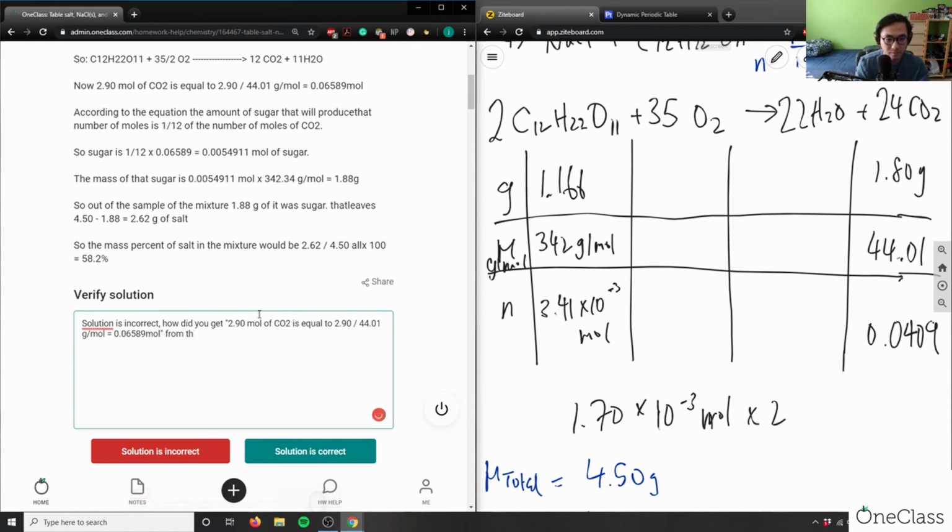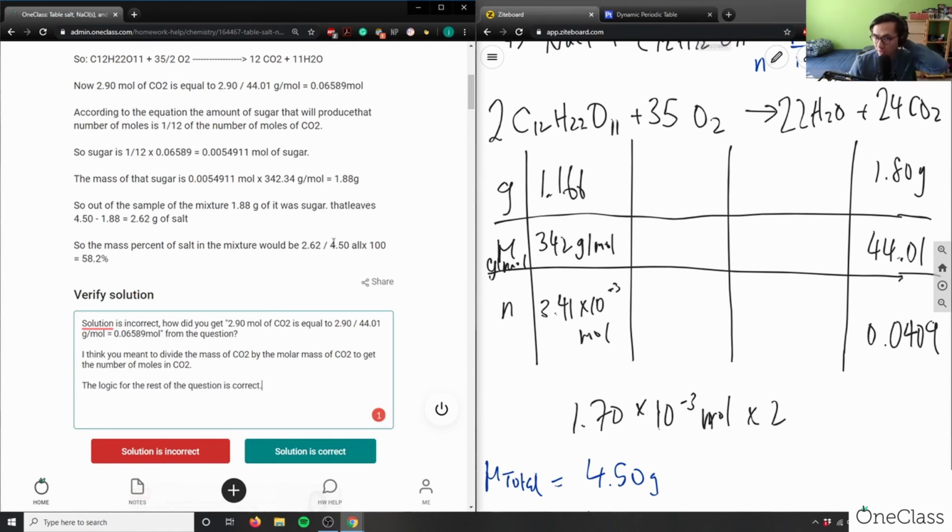So I think you meant to divide the mass of CO2 by the molar mass of CO2 to get the number of moles of CO2. The logic for the rest of the question is correct.